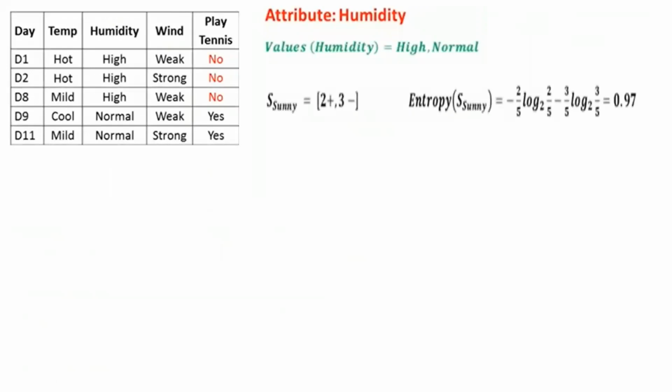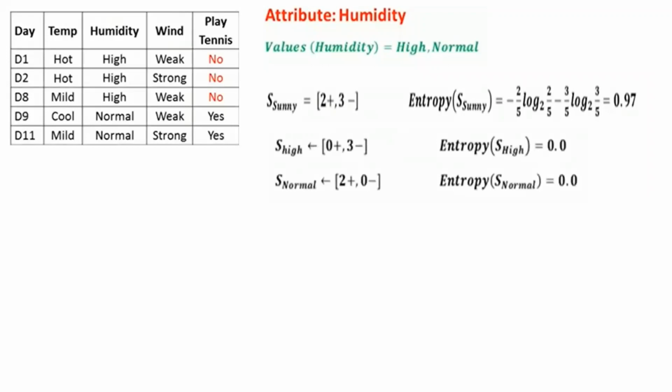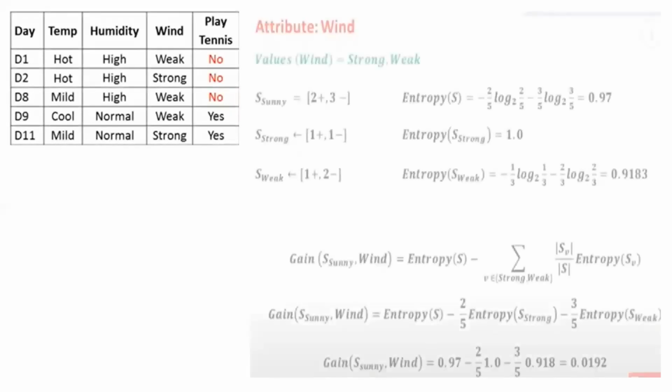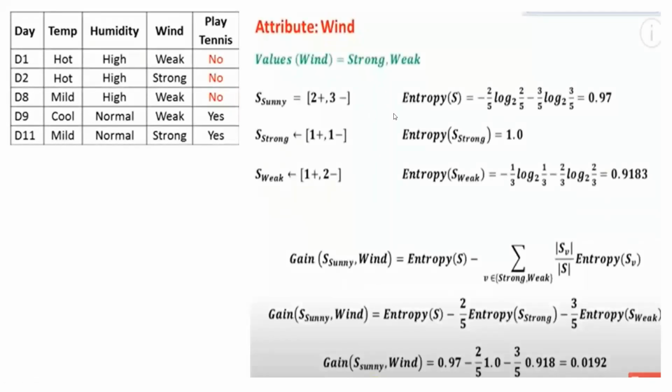As humidity is having 2 values, high and normal, you need to calculate entropy of it, later on information gain of it, so that you will get the information gain for humidity. Later, you need to calculate it for windy. This is the result you will get.